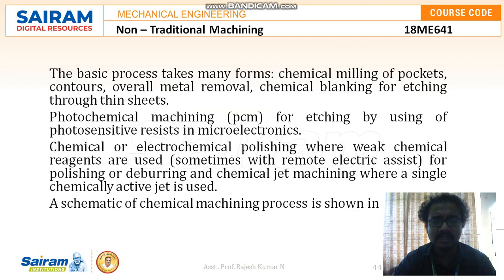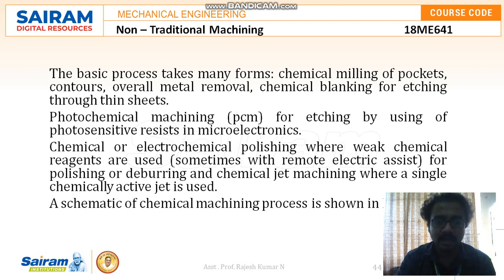The basic process takes many forms: chemical milling of pockets, contours, and overall metal removal; chemical blanking for etching through thin sheets; photochemical machining, PCM, for etching by using photosensitive resists in microelectronics; chemical or electrochemical polishing, where weak chemical reagents are used, sometimes with electric assist for polishing or deburring; and chemical jet machining, where a single chemically active jet is used.